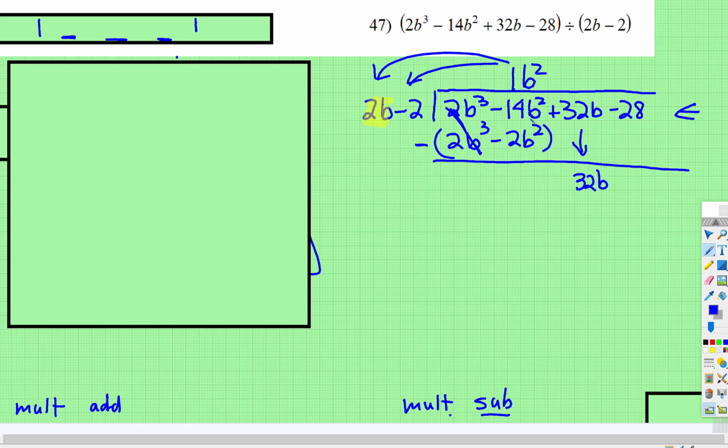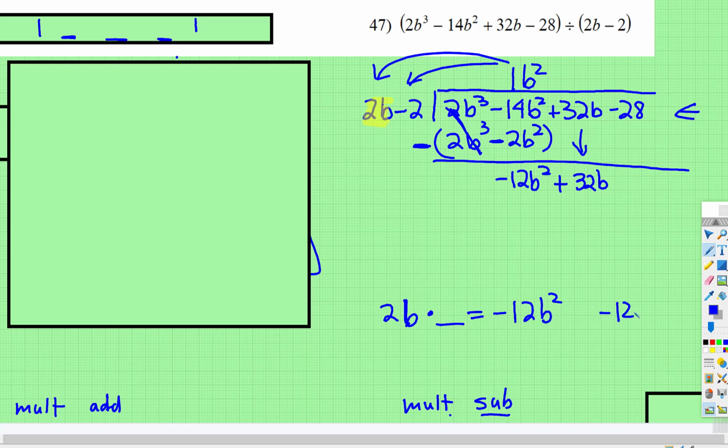And then -14, subtract a negative is like adding a positive. So -14 plus 2 is -12b squared. And we're going to bring down that +32b. Now we ask ourselves, 2b times what is equal to -12b squared?